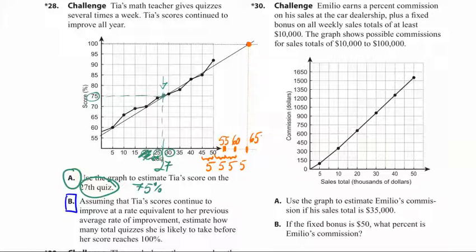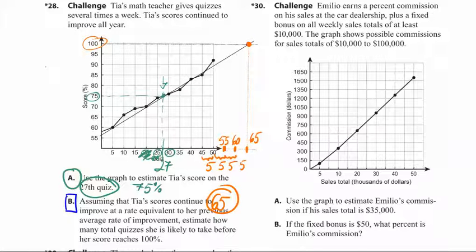And the answer to B would be that most likely when Tia approaches or is around to take her 65th quiz, she could be close to reaching the 100% score.